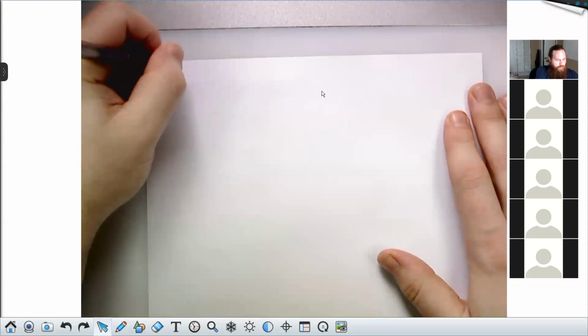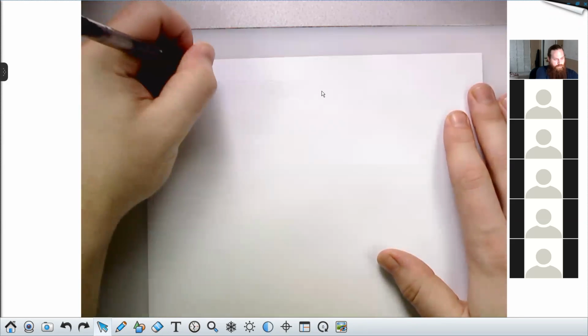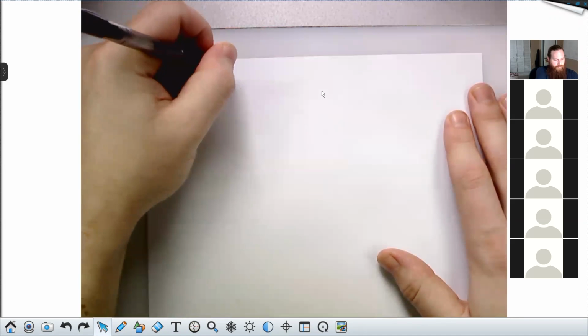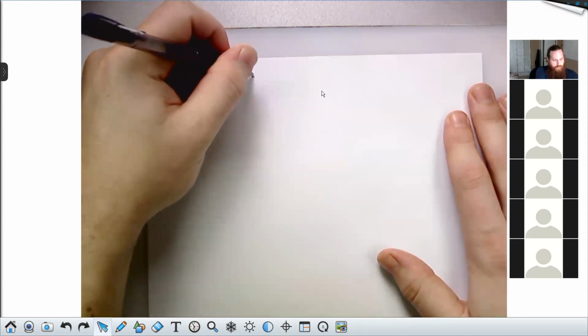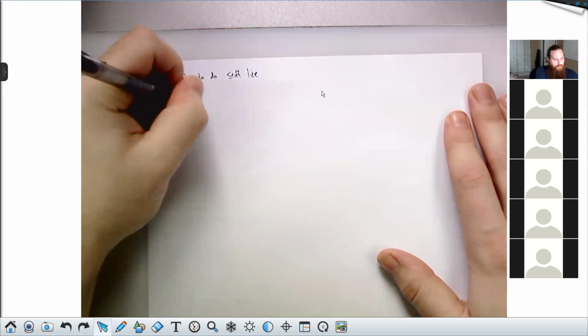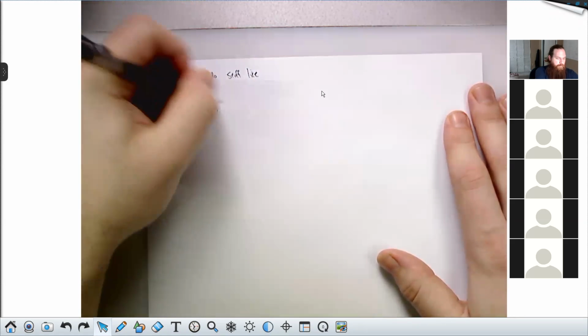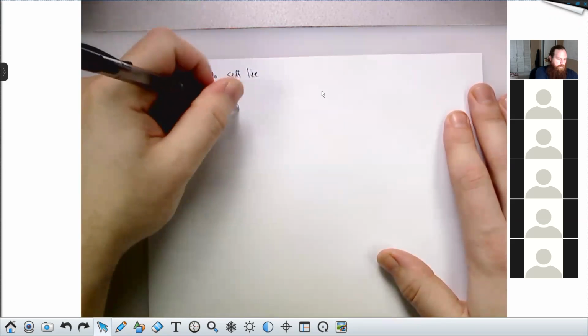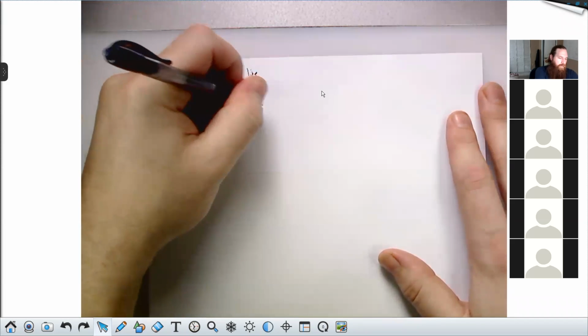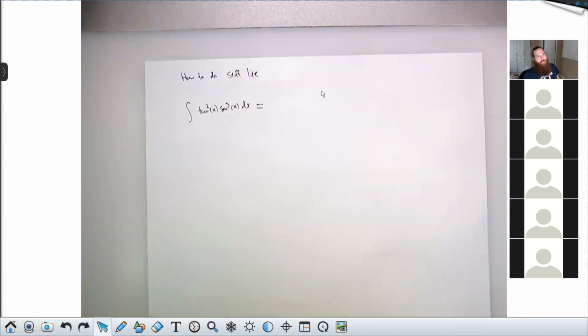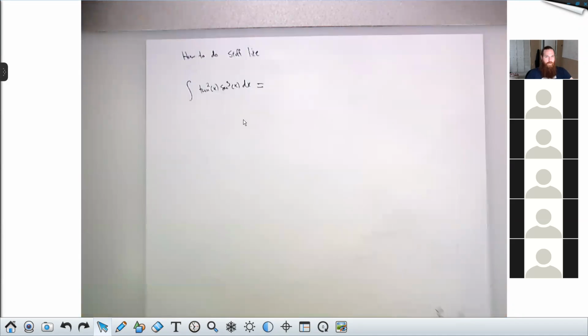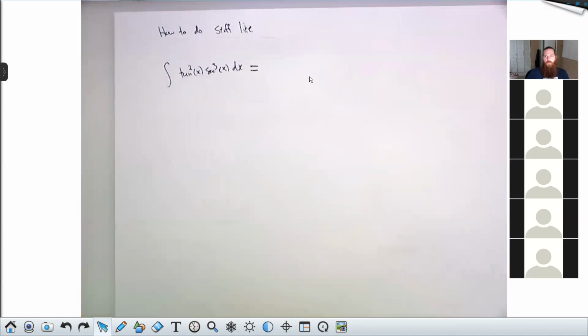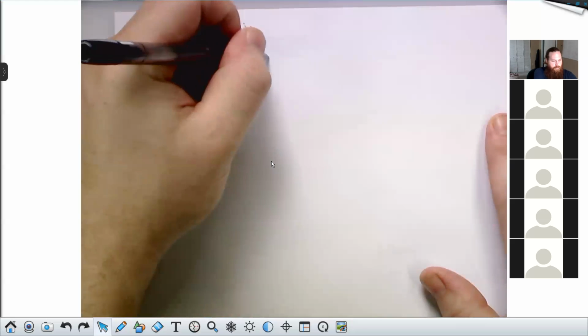So how do we handle stuff like integral of tan squared times secant cubed? What you want to do is break these down into odd powers of secant. So all of these where the power of tangent is even and the power of secant is odd, which is again the nightmare case, can always be turned into integrals of odd powers of secant using trig identities.